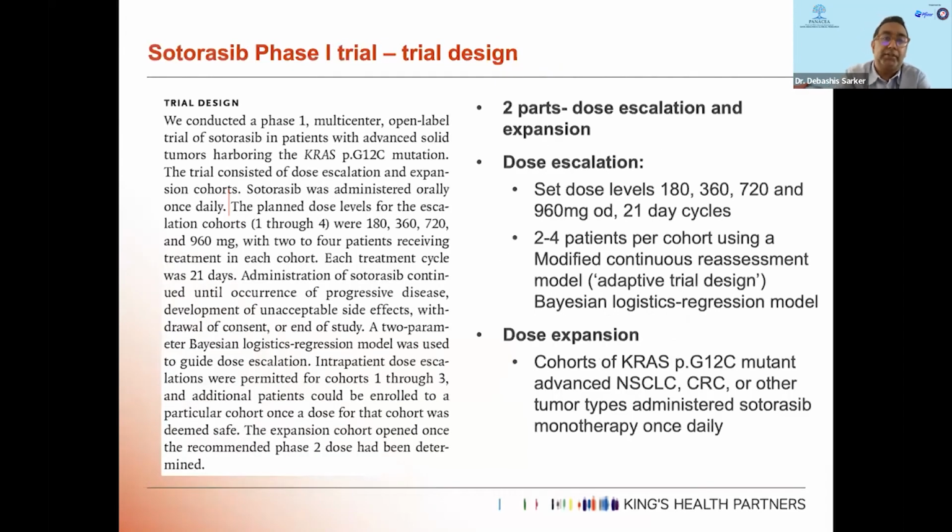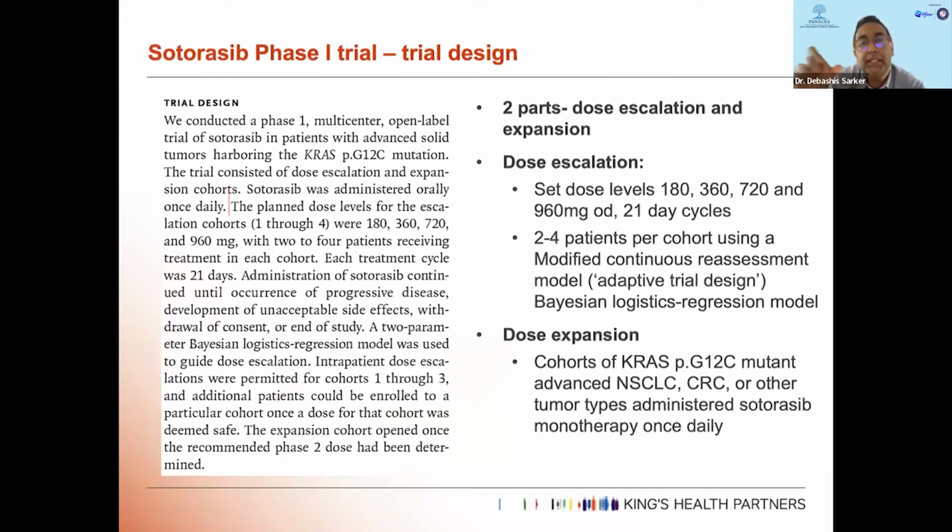So what about the trial design? This design combines 2 parts, which is very common in a phase 1 study: a dose escalation part and a dose expansion part. On this particular phase 1 study, they predefined 4 dose levels: 180, 360, 720, and 960.